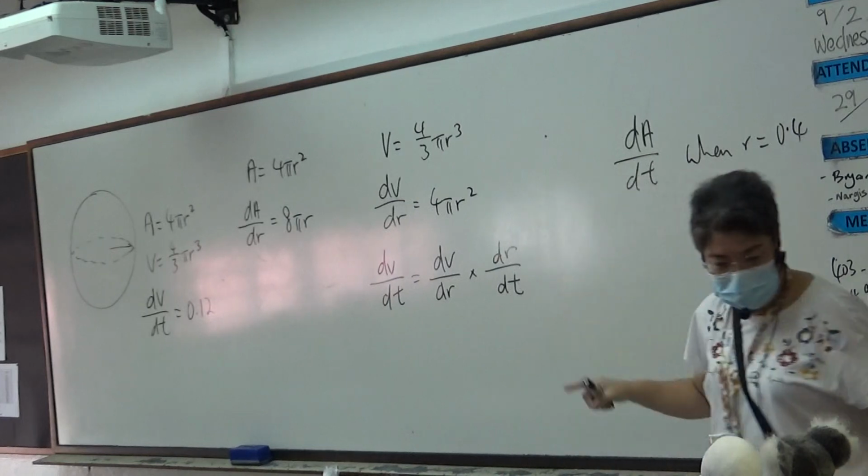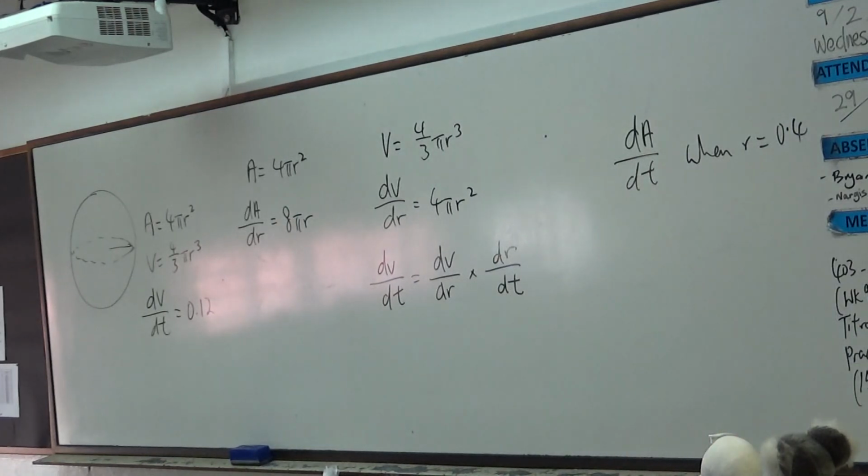So, what is our aim here? To find dA/dt when r is 0.4, right? Everybody clear with what I'm saying here? Now, you look at the solution down there. I'm going to show you how you make the solution. Area differentiates to 8 pi r, which is what I've gotten on the board.